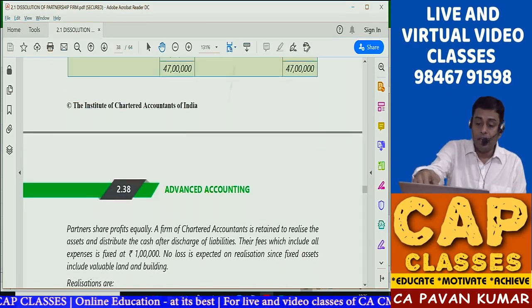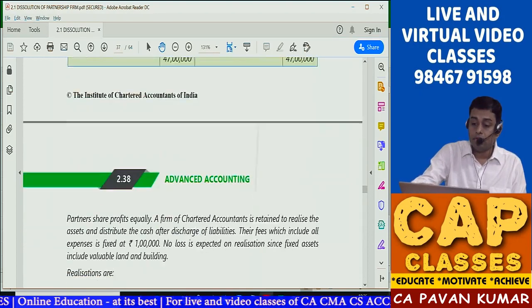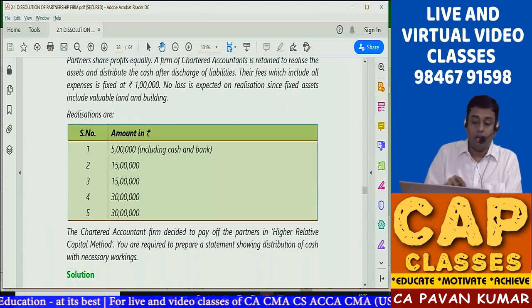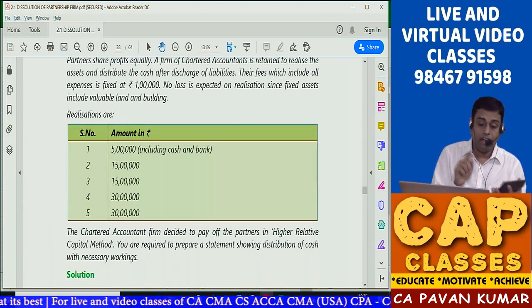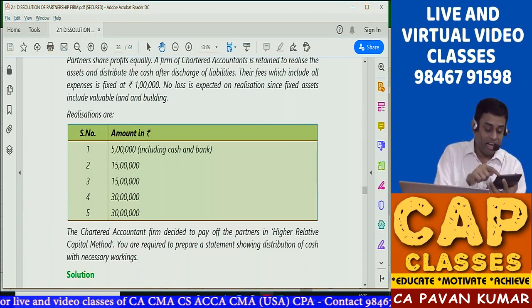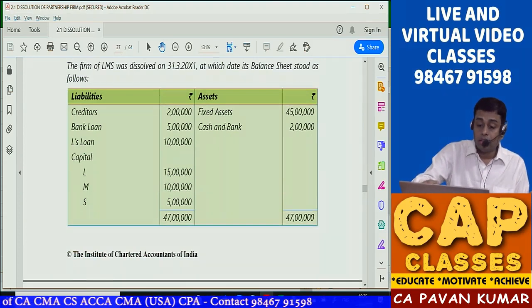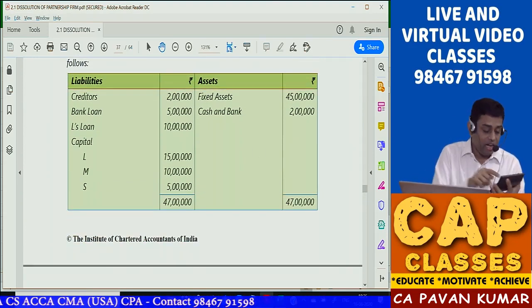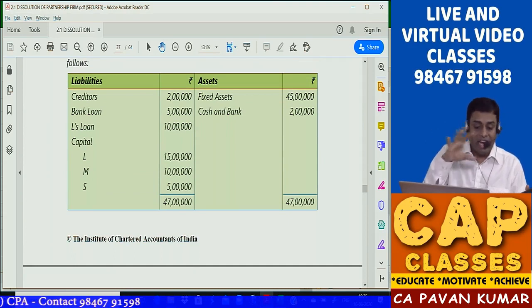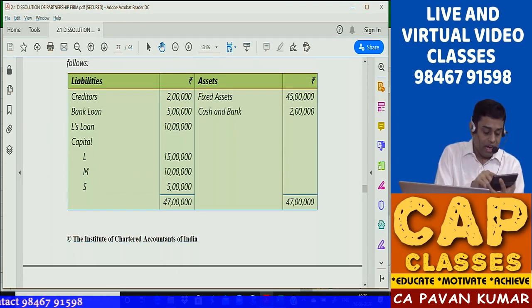Again, let us see. So how much have you got? Again, 5 plus 10, 20, 35, 95. 95 lakhs. Minus, so 47 lakhs is your liabilities and capital. 48 lakhs is surplus, okay? Minus 1 lakh. This is liquidator remuneration.